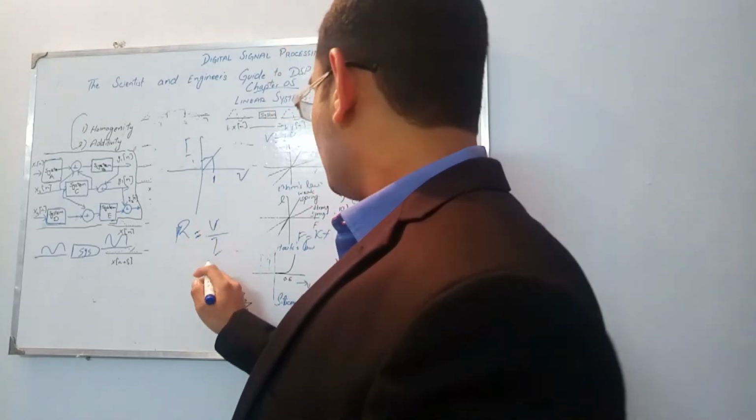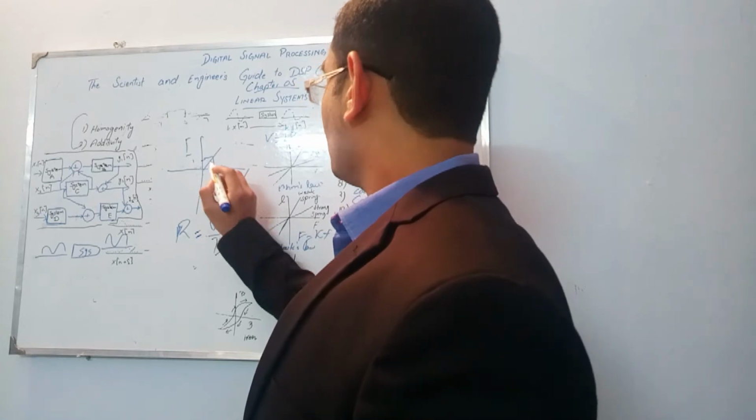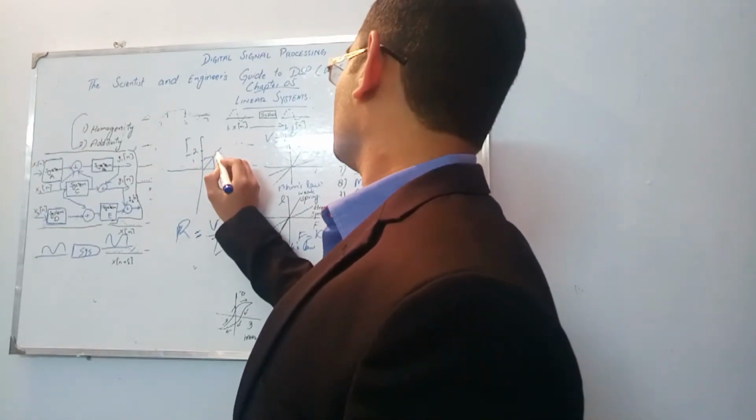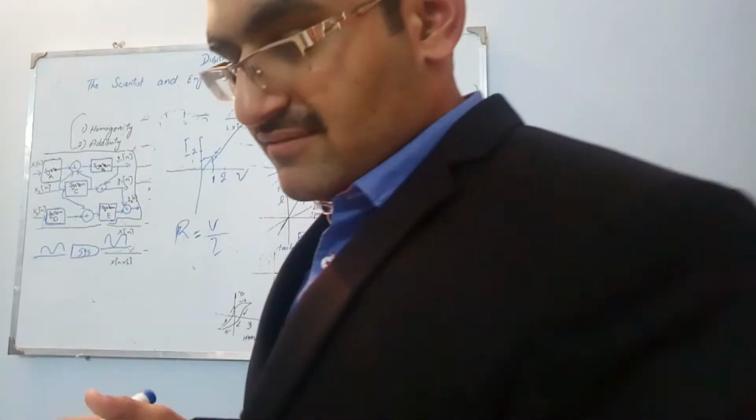If V is equal to 2, I is equal to 2, the resistance is also 1, and so this graph follows the linearity property.